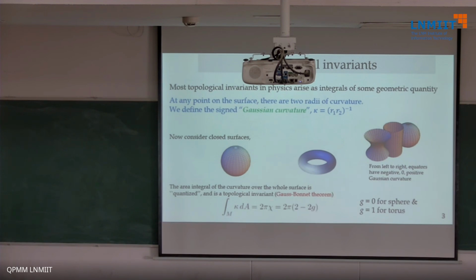Fortunately, in maths there is the Gauss-Bonnet theorem, which tells you that this integral over the entire surface gives a constant which counts the number of holes. So the number of holes equal to 1, number of holes equal to 0, and so on.